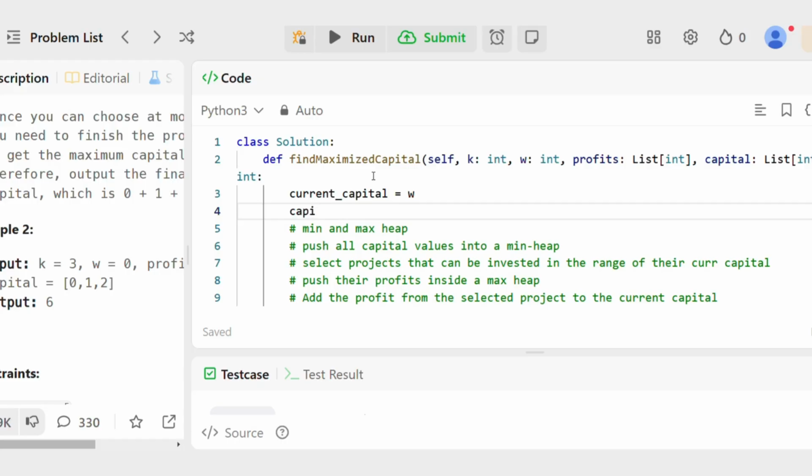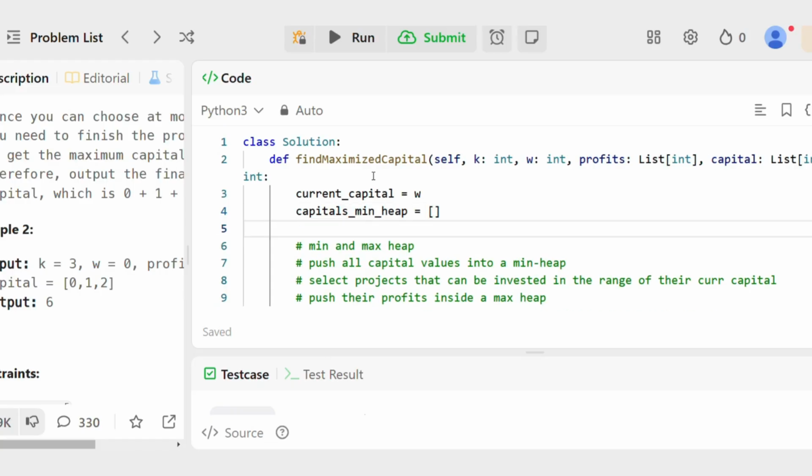Like I mentioned before, we'll have a capitals min heap, which is going to be an array initially, but you see that it has a tree structure, because we're trying to get the values based on the least amount of capital. So at least that's what the min heap can help with.